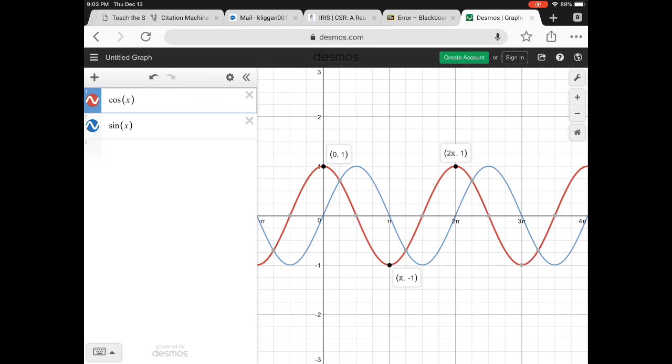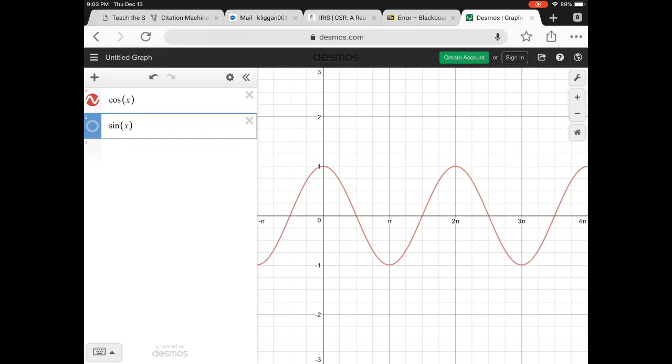Then when it finishes its period of 2 pi, it's going to end back up at a y value of 1. So cosine and sine graphs are very, very similar when it comes to period and amplitude. Cosine just starts about a quarter period over from where sine starts.